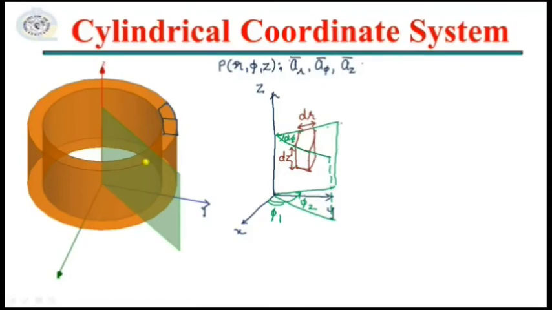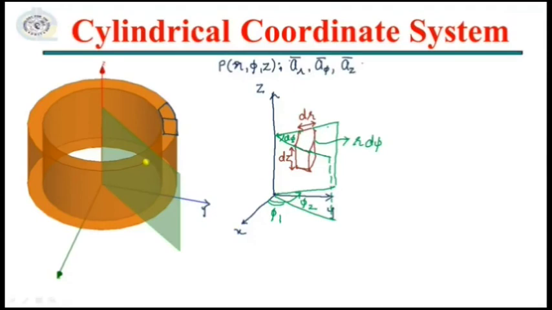Remember, this length is the arc length. It is not a normal length. It is the arc length. So the arc length is given by the distance from the reference, that's the radius, into the angle. So this will be r d phi.